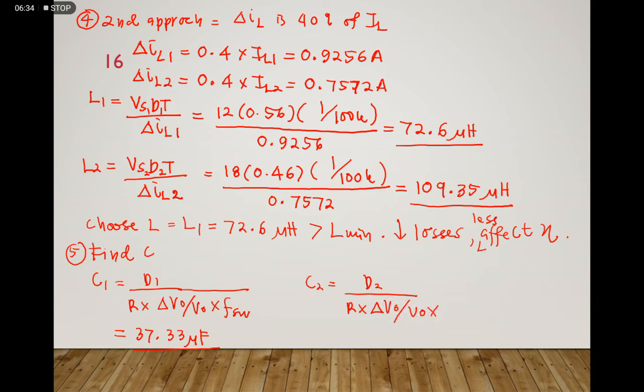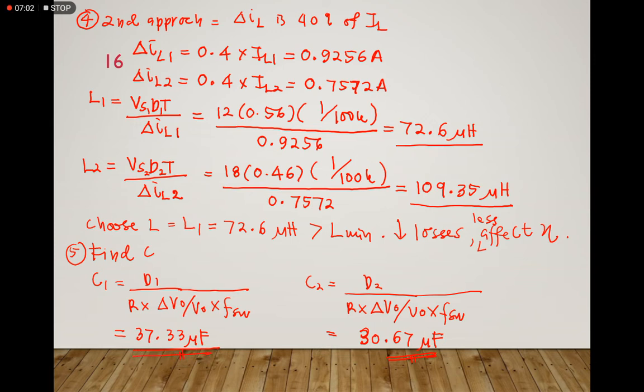In this example I'm using 1% of delta IL as the output voltage ripple. The answer will be 30.67 microfarad for C2.